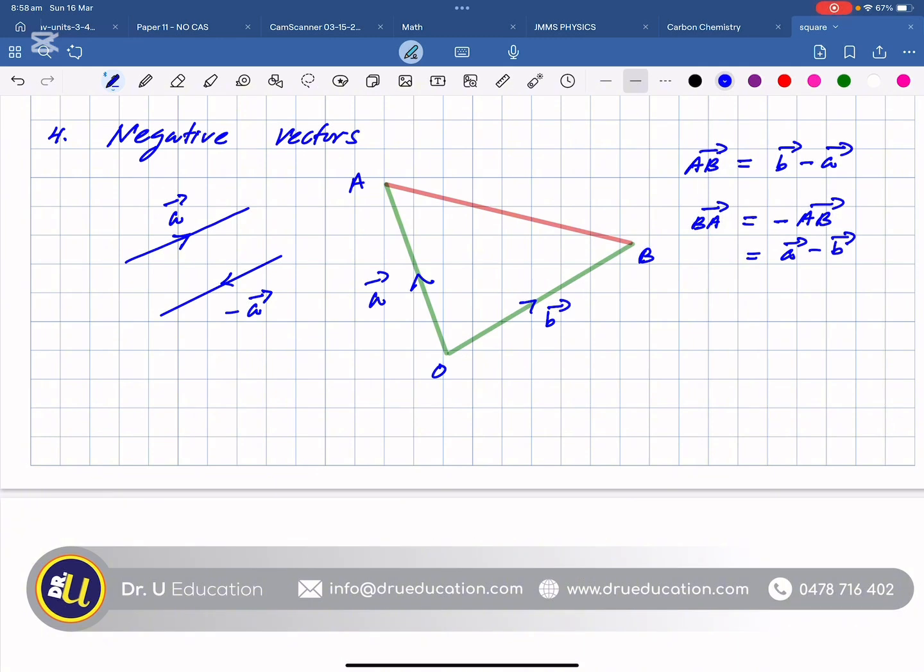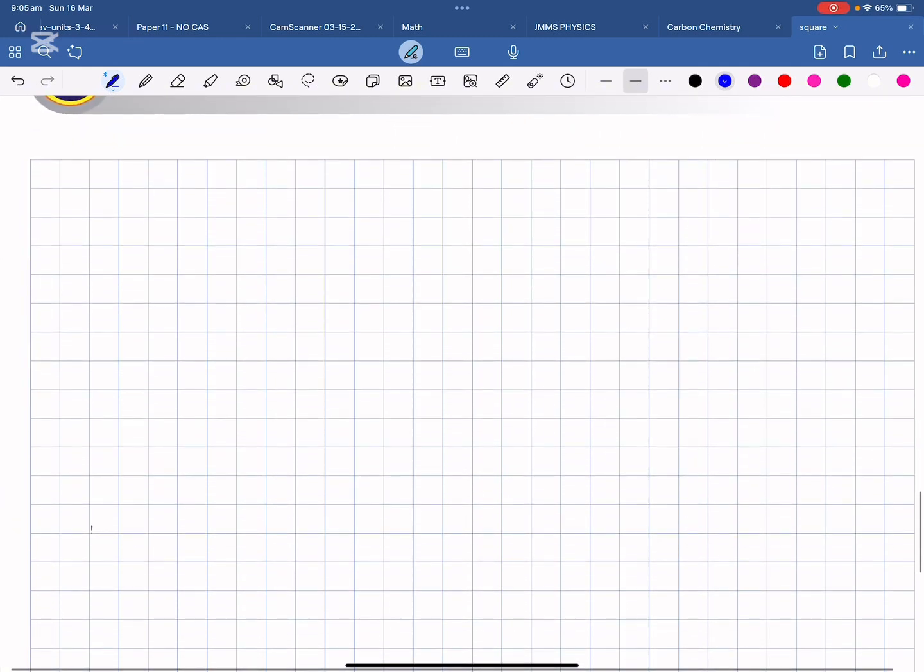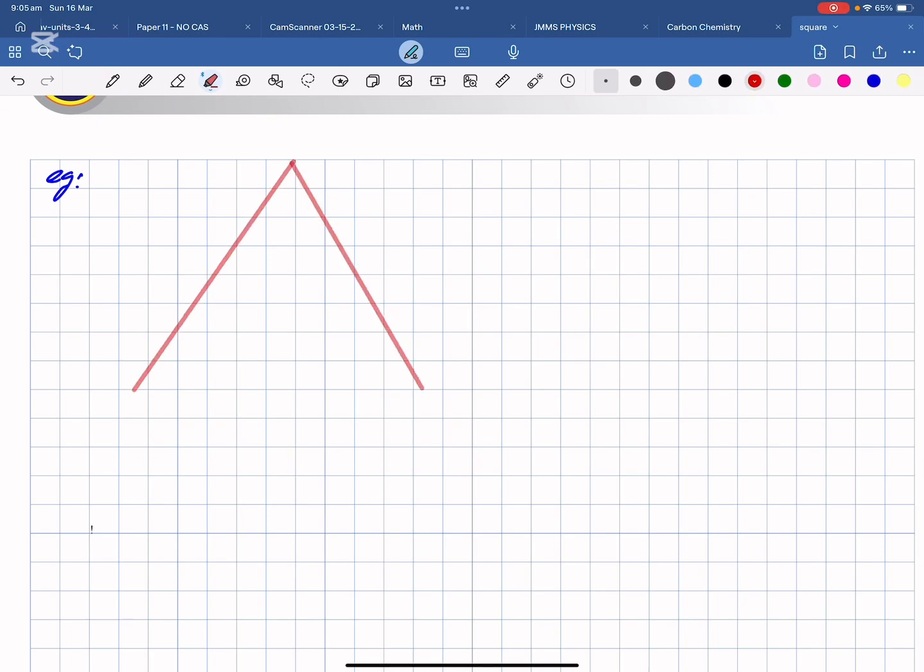Okay. Let's do another question. So this is B vector, this entire thing is A vector. This is a perpendicular bisector. Right? Perpendicular bisector. And I'm going to get a point over here.